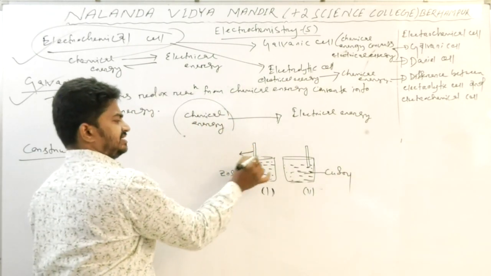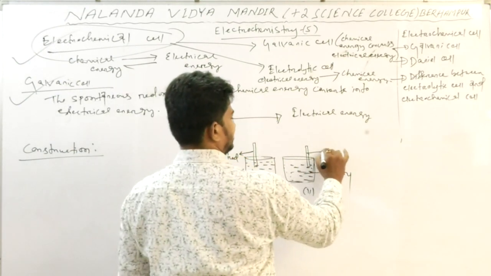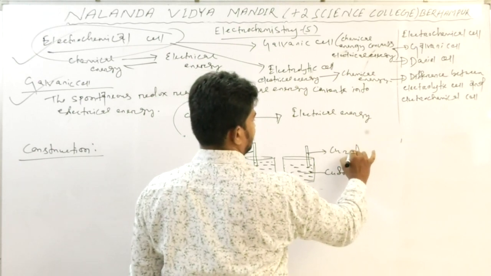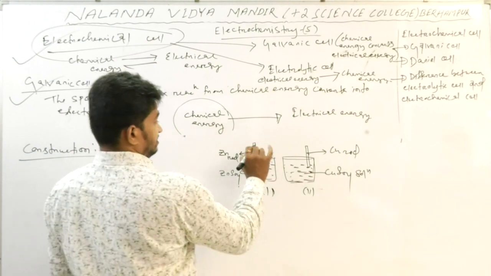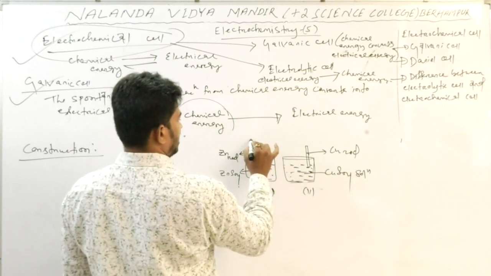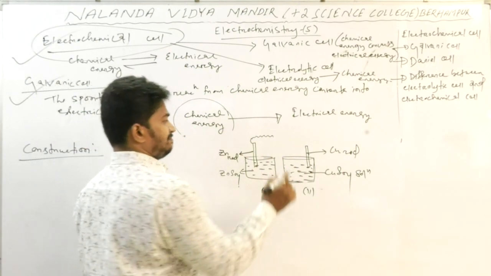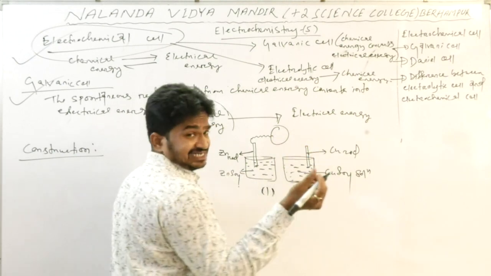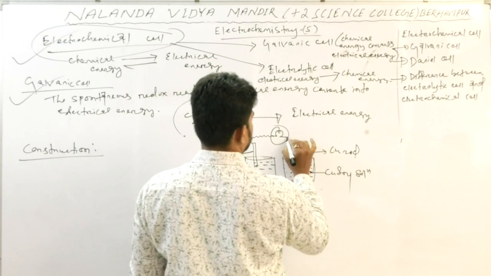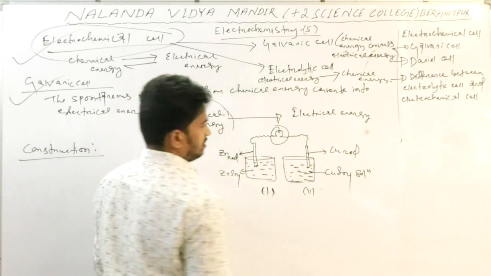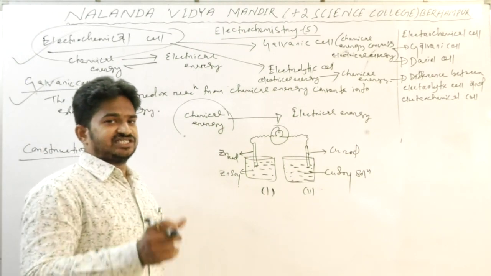The zinc rod is dipped in zinc sulfate solution, and similarly, the copper rod is dipped inside the copper sulfate solution. These two electrodes are connected to an electrical appliance, which can be an electrical bulb or a galvanometer, which detects the electric current.